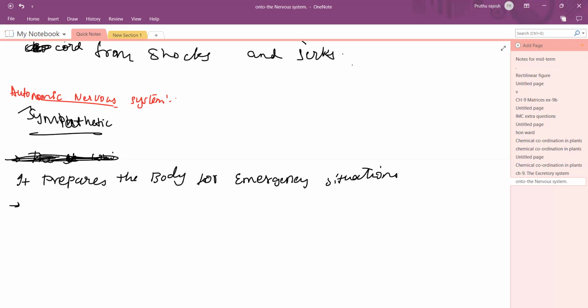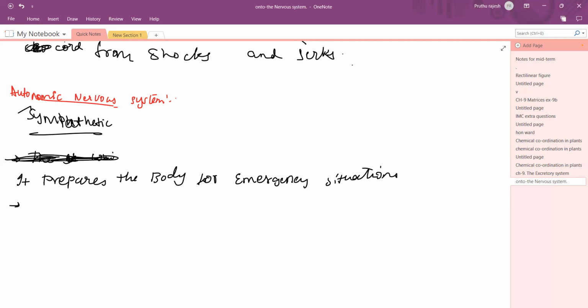When you're watching a horror movie, or when you encounter a cobra, you will feel scared. At that time, the pupils dilate, salivation decreases, and heart rate increases upon seeing the cobra. Next, the bronchi dilate to allow more oxygen into the lungs. Gastric and pancreatic activities are inhibited.